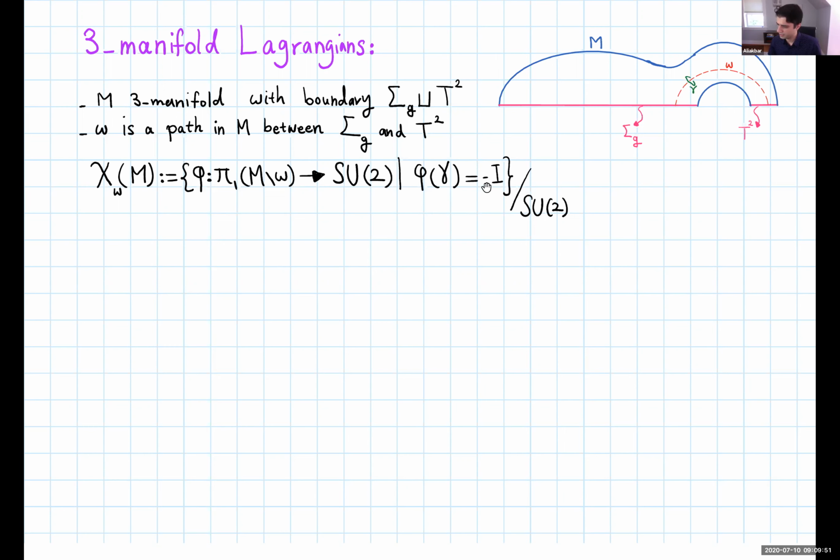And as in the surface case, we divide by the conjugation action of SU2. So you can immediately get a map into the character variety of a genus g Riemann surface by taking a representation and restricting it to the boundary sigma g.